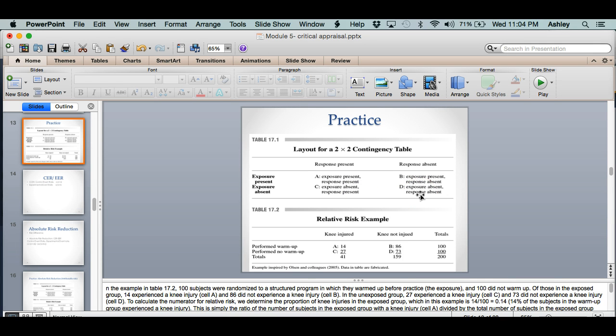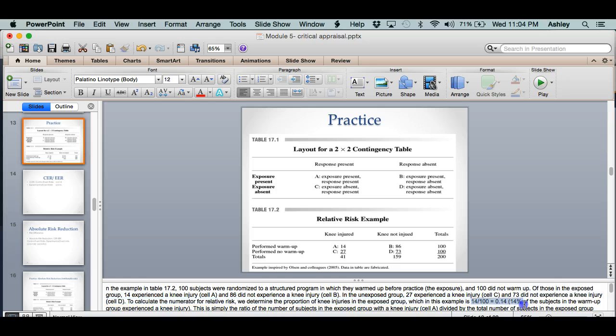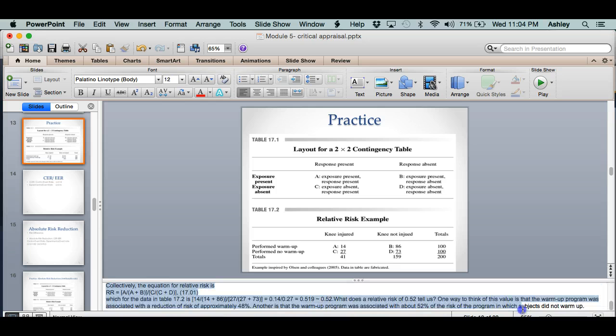Now, to calculate the relative risk, you need to determine the proportion of knee injuries in the exposed group. I'm trying to decide if I want to go through the numbers, but I've listed everything here, and you will get a copy of this.